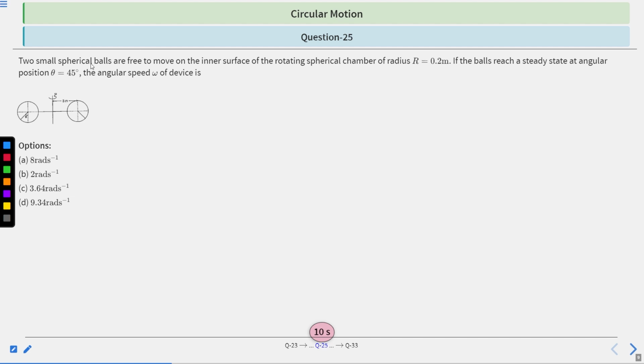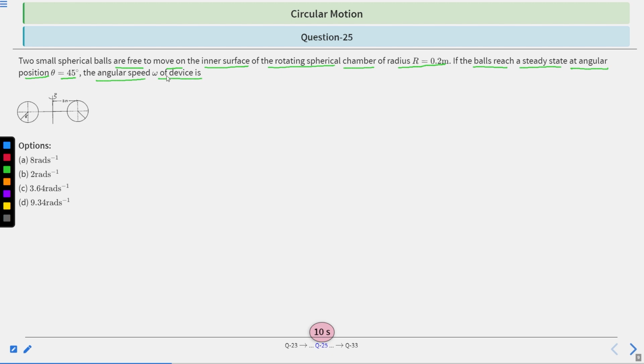Next question: two small spherical balls are free to move on the inner surface of a rotating spherical chamber of radius r equal to 0.2 meter. If the balls reach a steady state at angular position theta equal to 45 degree, the angular speed omega of the device is what?